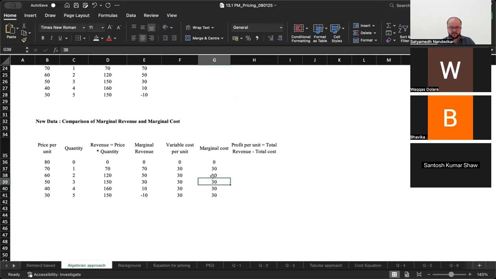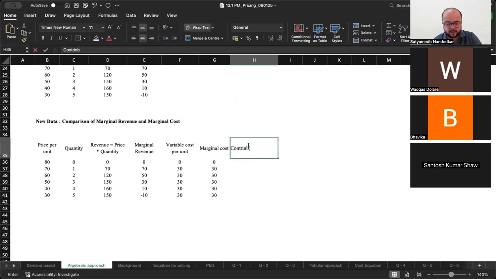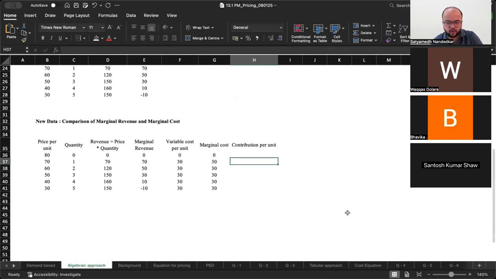Now, observe this. If I were to write down my contribution per unit, contribution per unit is sales minus variable cost.